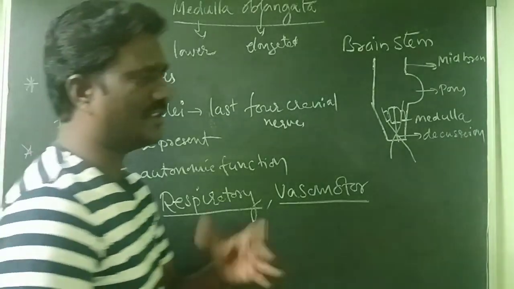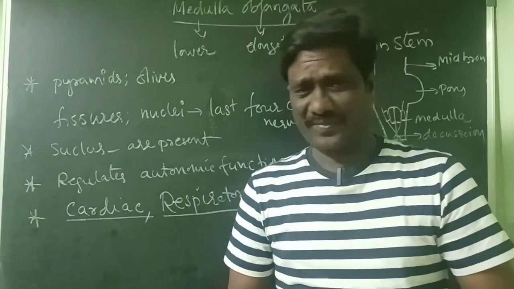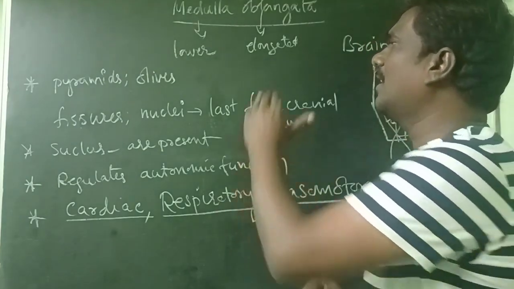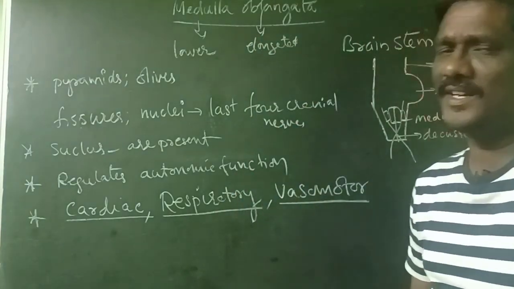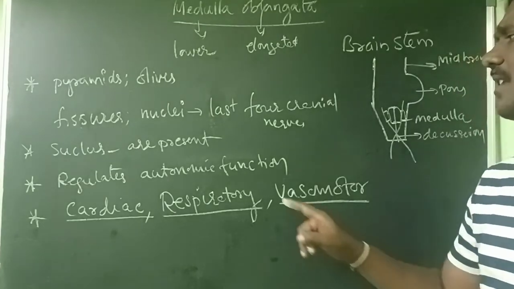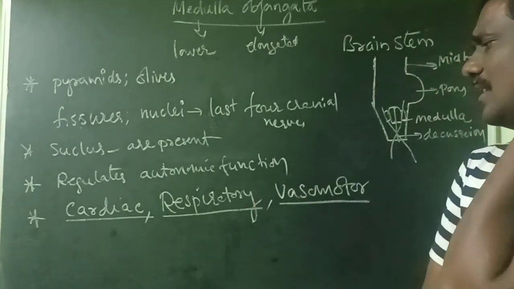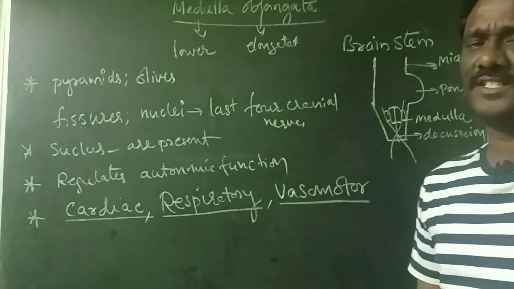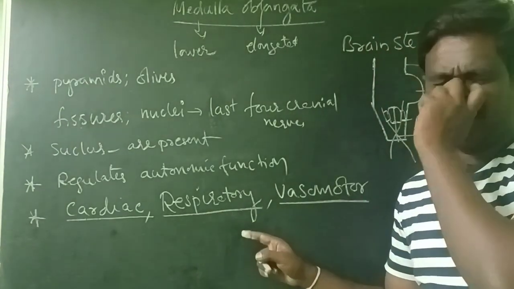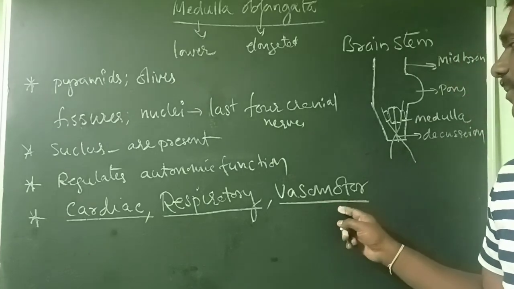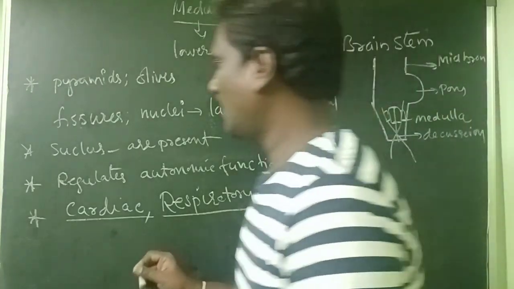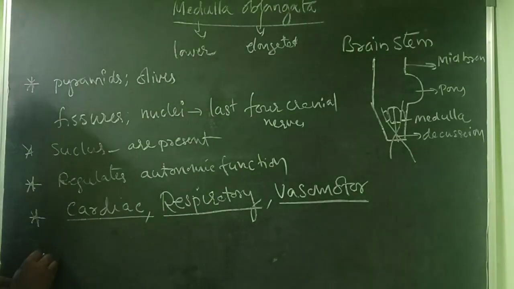Autonomic means they are not regulated or controlled by the cerebrum; immediate reactions come under autonomic functions. These are the cardiac center, respiratory center, and vasomotor center, covering heartbeat, breathing rate, and blood flow. All these centers are present in the medulla oblongata.